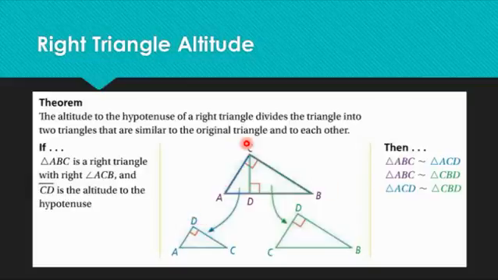Triangle ABC is similar to triangle CBD. And triangle ACD is similar to triangle CBD. Now notice the ordering of the letters. That is very important to which sides are corresponding and equal in ratio.